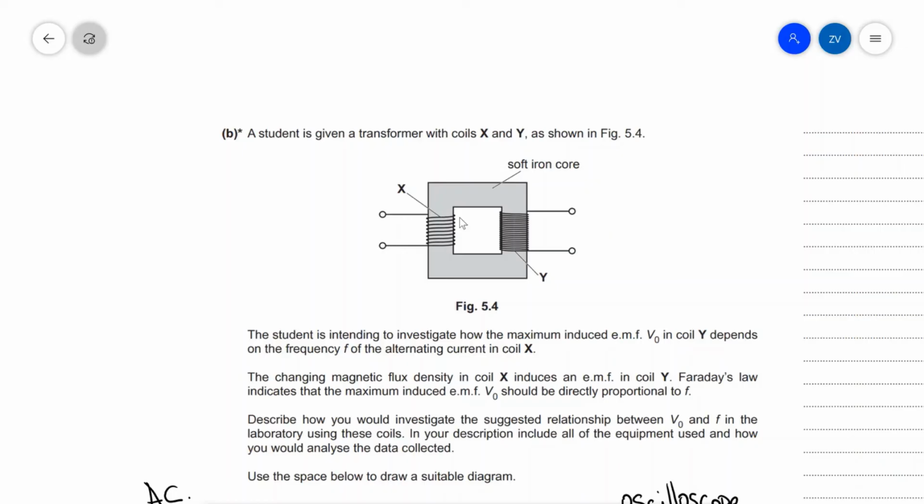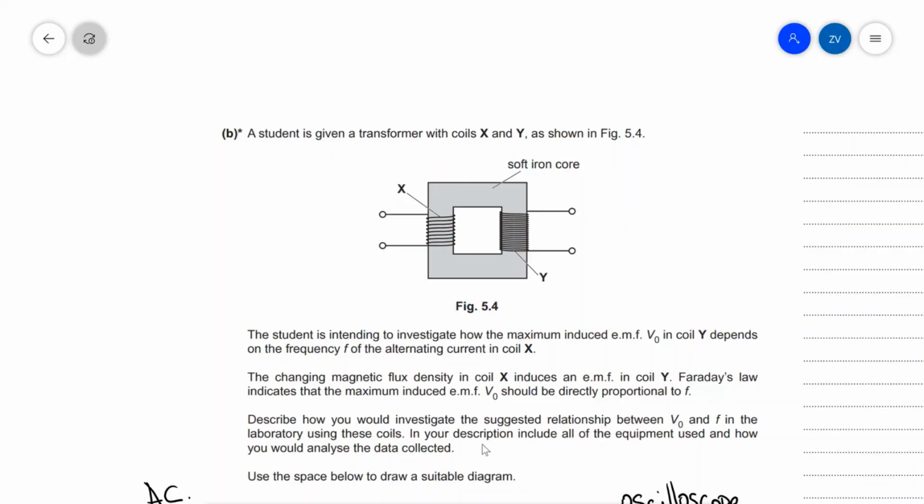Okay guys, so let's have a look at part B. A student is given a transformer with coils X and coils Y. They're investigating how the maximum induced EMF in coil Y depends on the frequency of the alternating current in coil X. Describe how you would investigate the suggested relationship between V0 and f, and that suggested relationship is just Faraday's law, that indicates that the maximum induced EMF should be directly proportional to the frequency.